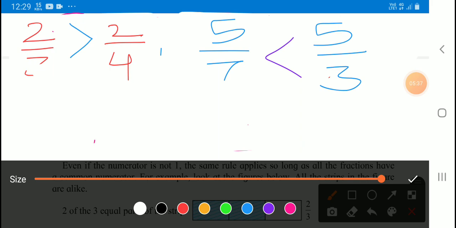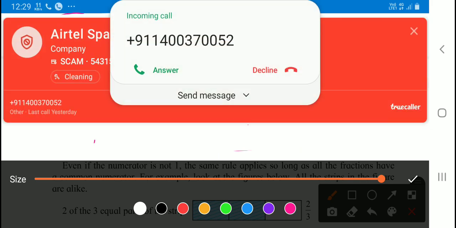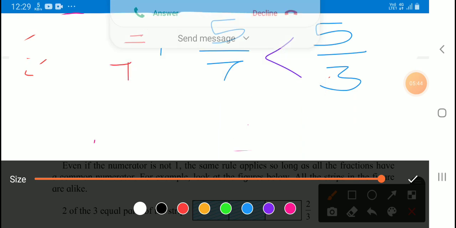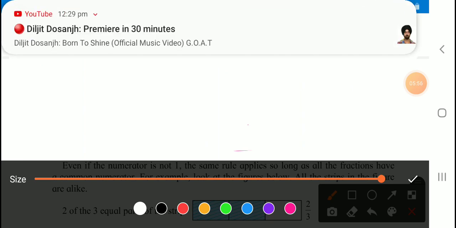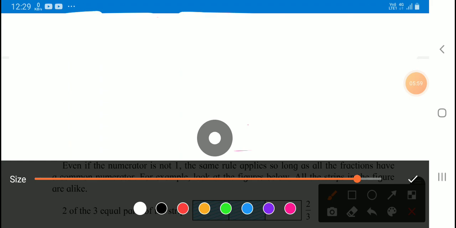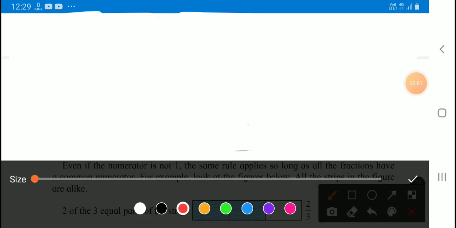Okay? While comparing the unlike fractions, we have to see that, look, you know that fractions with unequal denominators are known as unlike fractions. So I will write here the fractions. One minute.